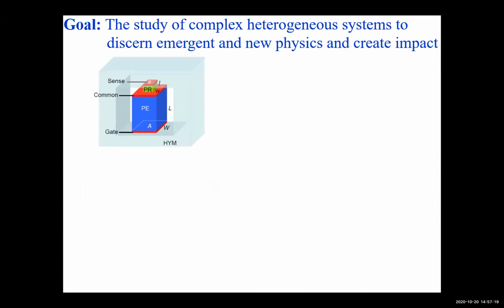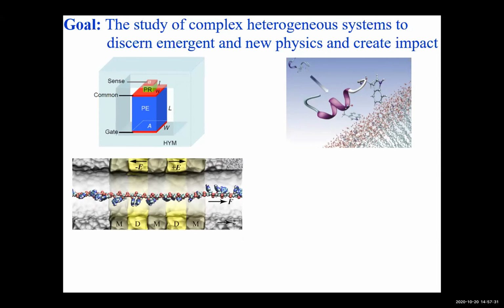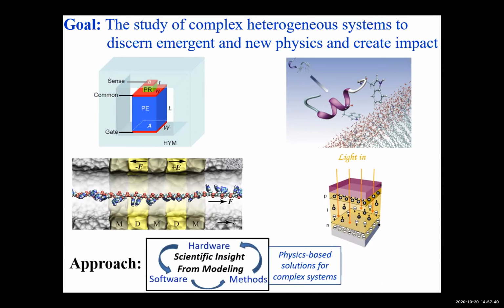So we've done things to invent new transistors that are based on pressure switching. We've looked at antimicrobial peptides and how to design them. We've looked at DNA sequencing and solid state nanopores. And we've looked at advancing the technology in solar cells.